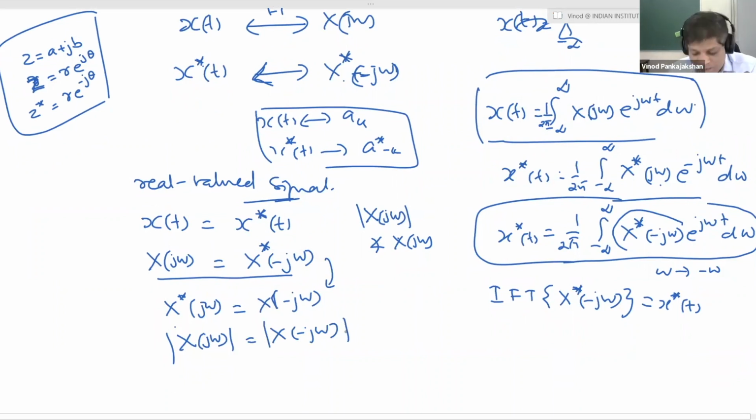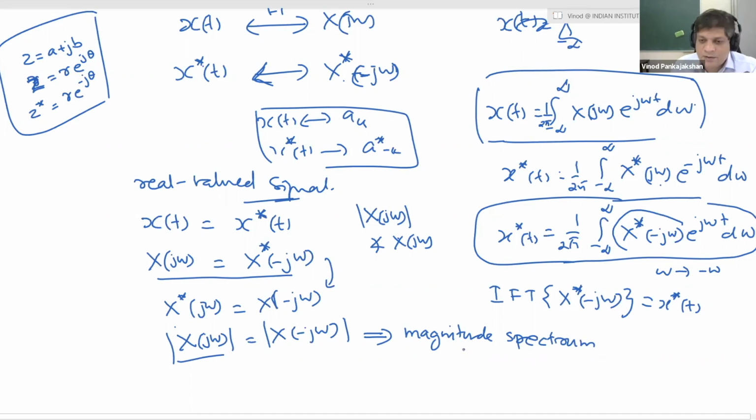So can we write this if we take the magnitude on both sides? What does it mean? The magnitude of x of j omega is this. What does it mean? It is the magnitude spectrum.